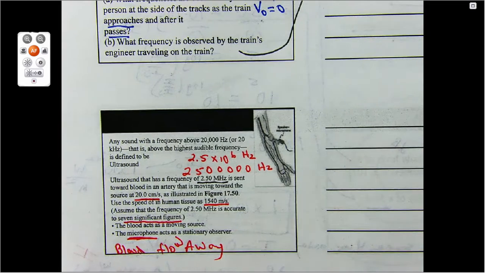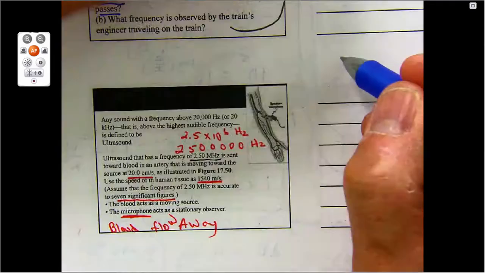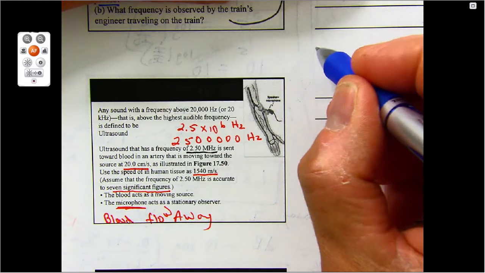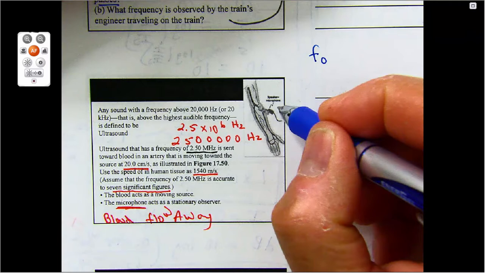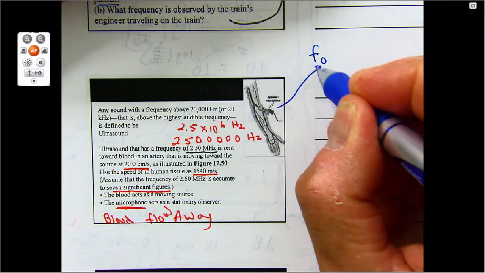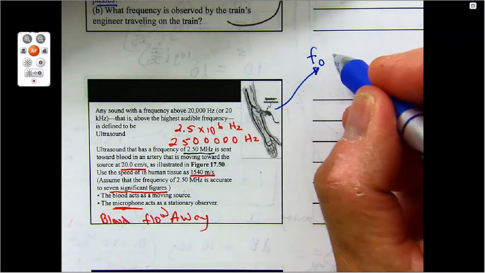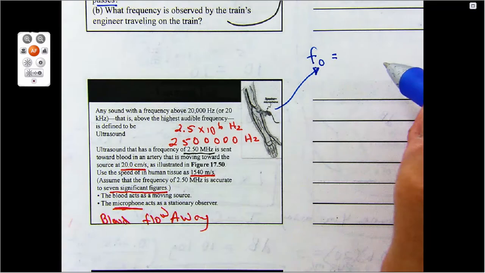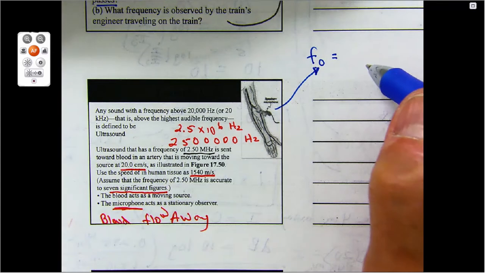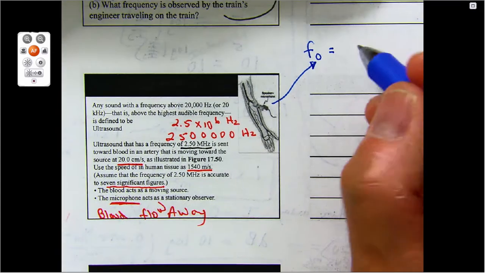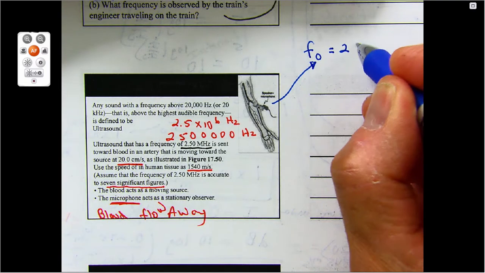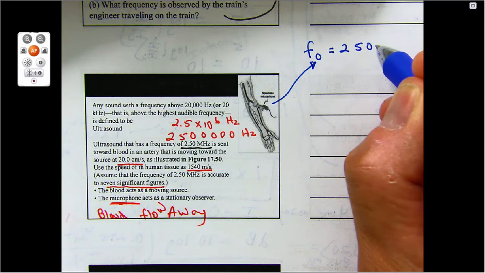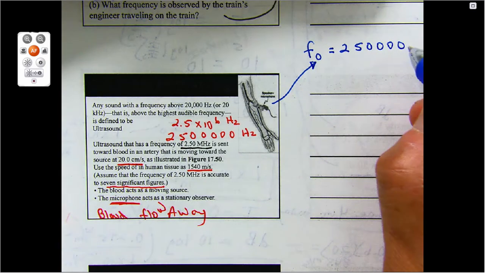So we are going to do the same equation. The frequency of the observer, which is going to be the probe, microphone probe, is going to equal the frequency of the source, and that source is 2,500,000.